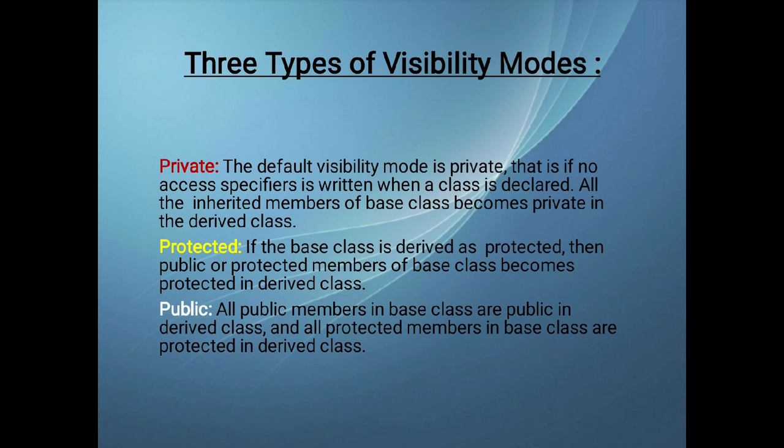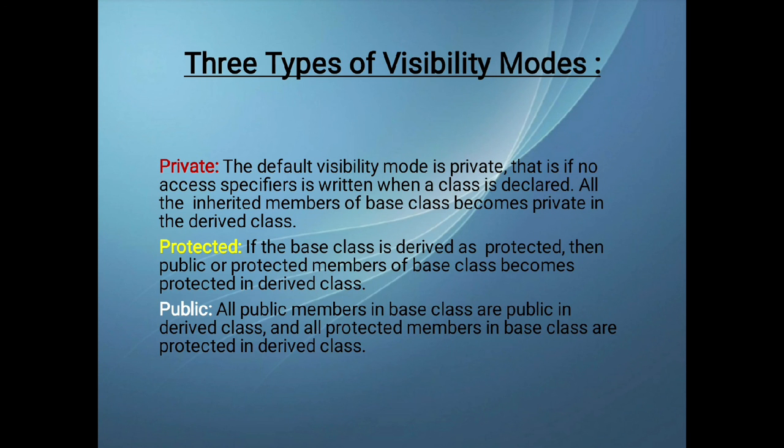So if the base class members are public or protected, and in the derived class the base class is accessed as protected, then even the public data members and member functions of the base class become protected, and the protected members retain protected only.